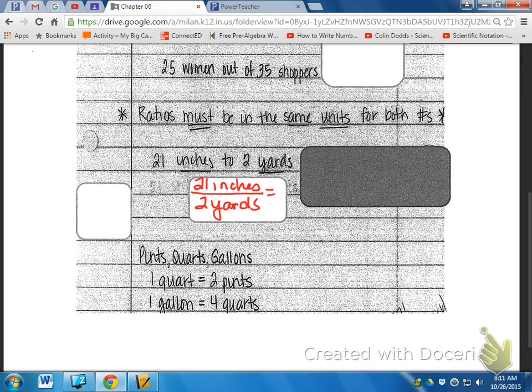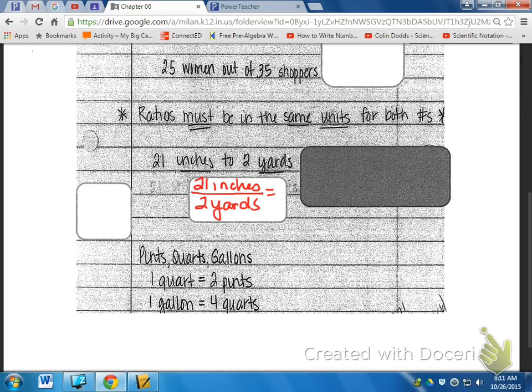You have to start like that. You have to use the units that are there, because you can't just say 21 over 2, because that is not true. So Trayton, we need to put these in the same units. What you want to do is take the one that's the biggest unit, the biggest kind of measurement, and break it down to smaller ones. So out of inches and yards, which is the biggest? Yards.